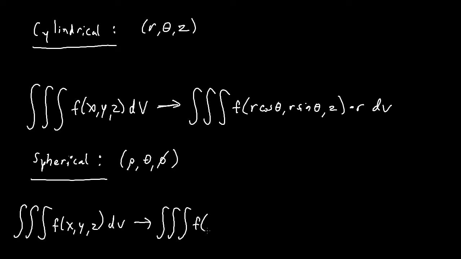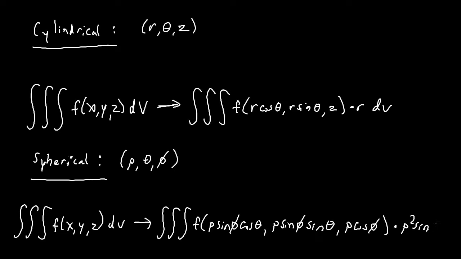Once again, x is going to be equal to rho sine phi cosine theta, comma, y, which is rho sine phi sine theta, comma, z, which is just rho cosine phi. Now, in spherical coordinates, whenever we convert the triple integral, we always need to multiply by rho squared sine phi.